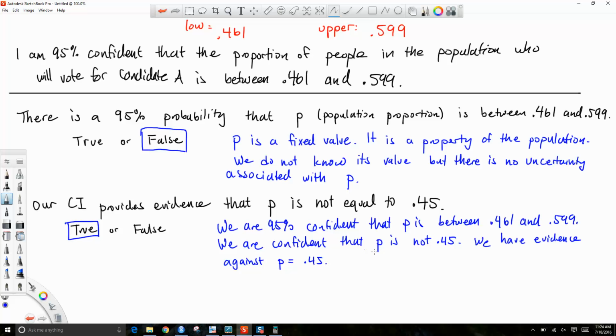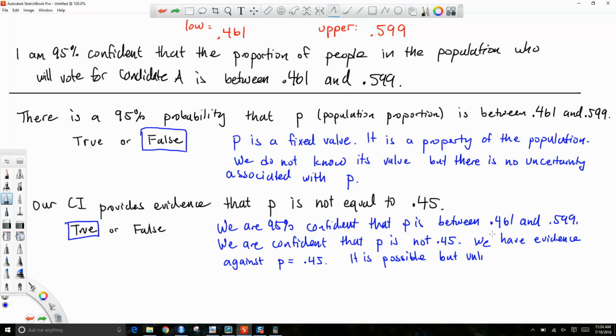Okay. Is it possible that P is equal to 0.45? Yes, it is possible that P is equal to 0.45. But we have pretty strong evidence that it's not. It is possible, but I shouldn't say unlikely.